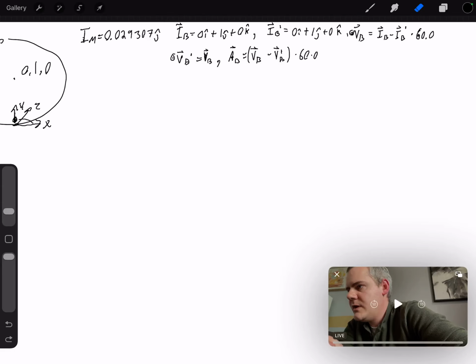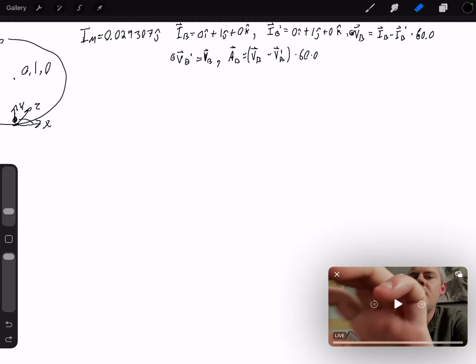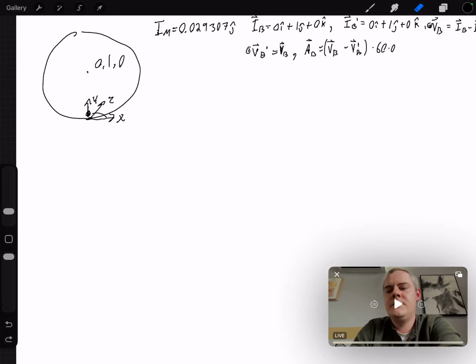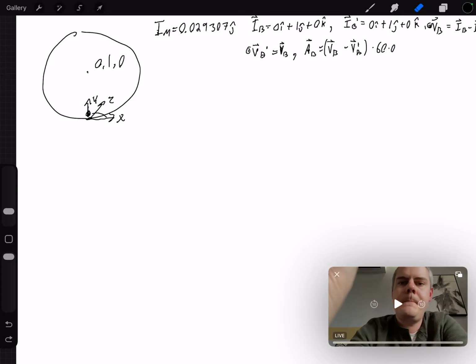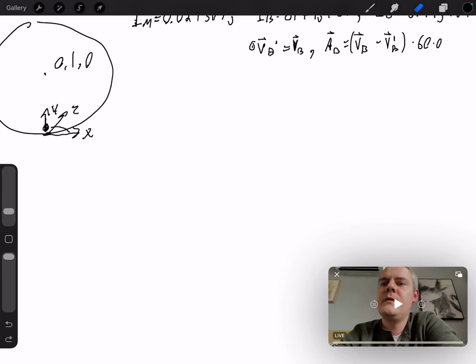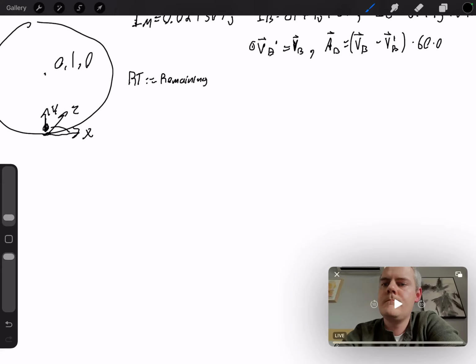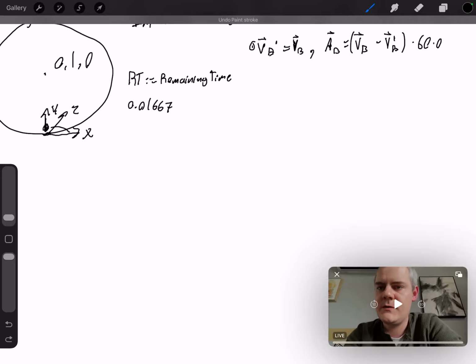So we did the ball's velocity, the ball acceleration, remaining time. So remaining time, I'll call it RT. My equal signs are so... Come on, guys.